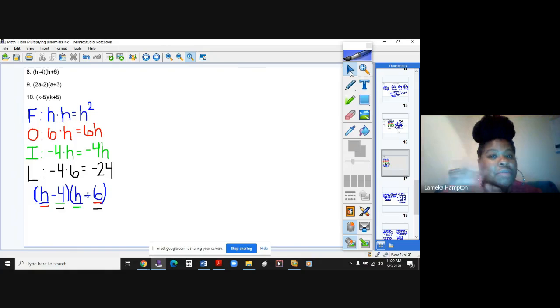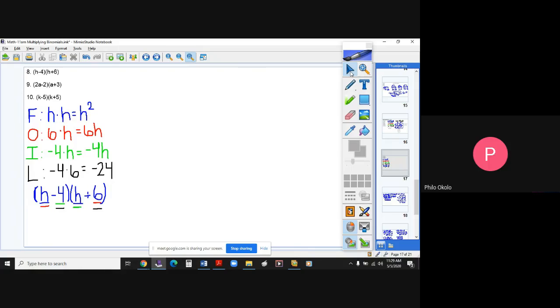I just want to make sure that I'm hearing you clearly, because I'm hearing some background noise. Number 8, the question and the brought down seem to be different. What I'm seeing in the question is parenthesis h negative 4, parenthesis, then parenthesis h plus 6. Then the brought down in the solving is h divide 6.